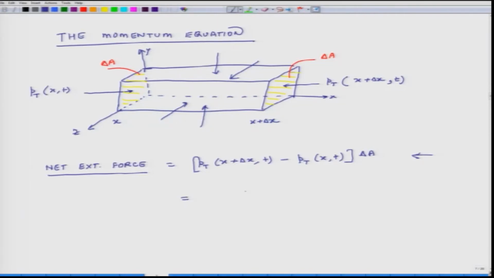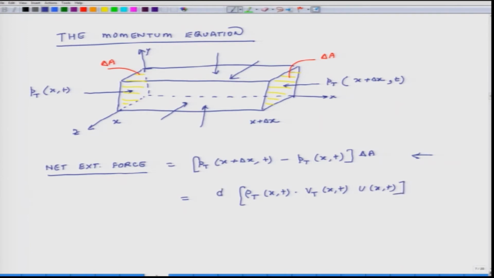Mass is density at x, t times volume. This is the mass of the system, and if I multiply this by velocity, which we called u, this is the momentum of the system.